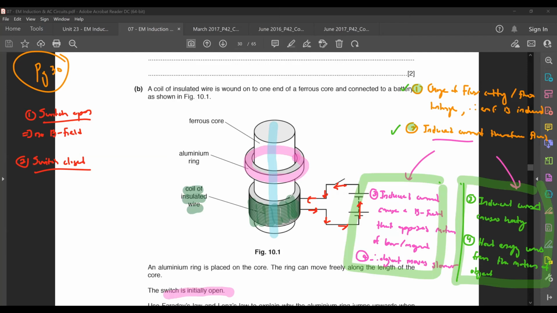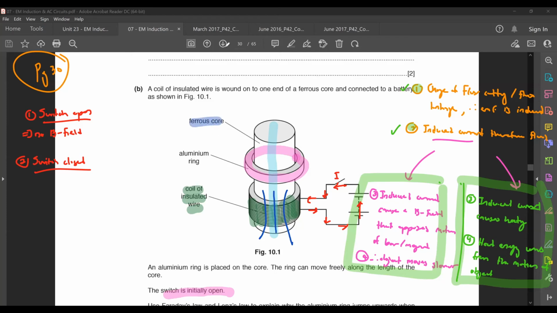Okay, so from here, I can say that since current is flowing through my coil, I'm going to establish a magnetic field. The magnetic field could probably look like this. But at the same time, your coil has a ferrous core, an iron core, inserted through it.